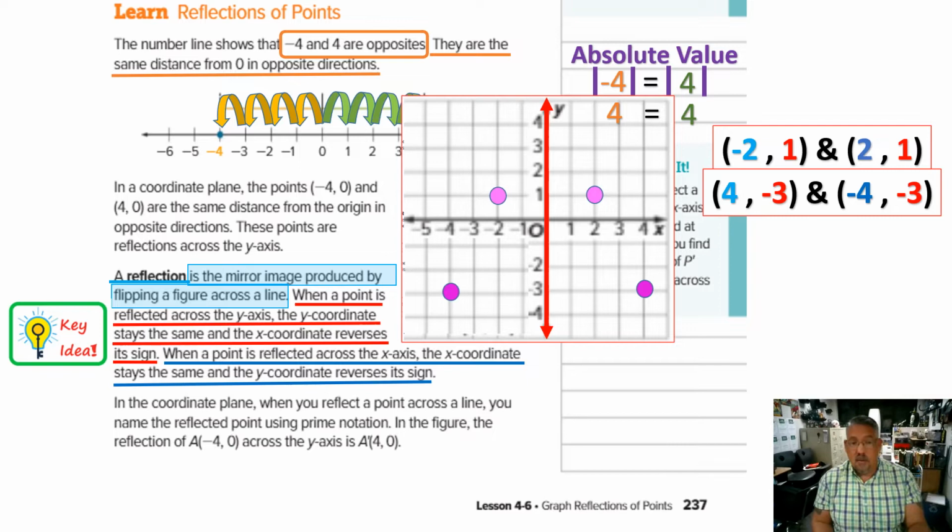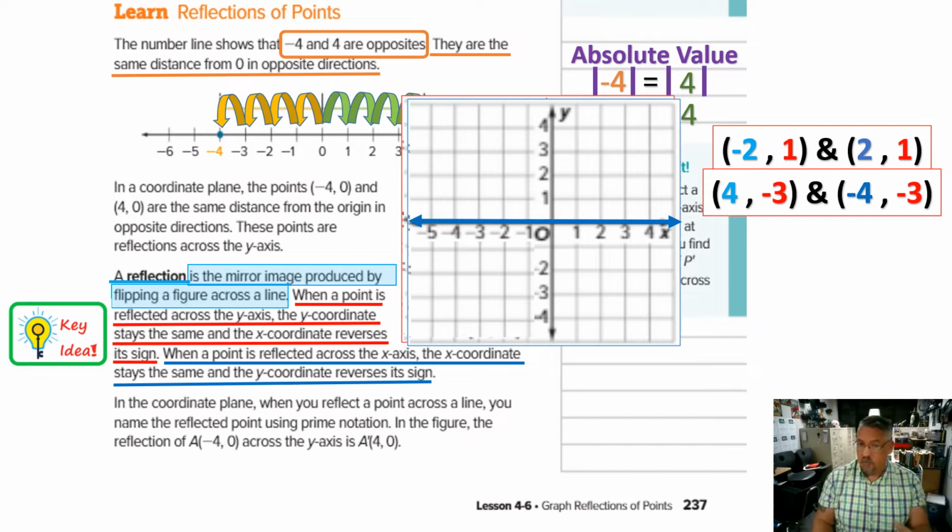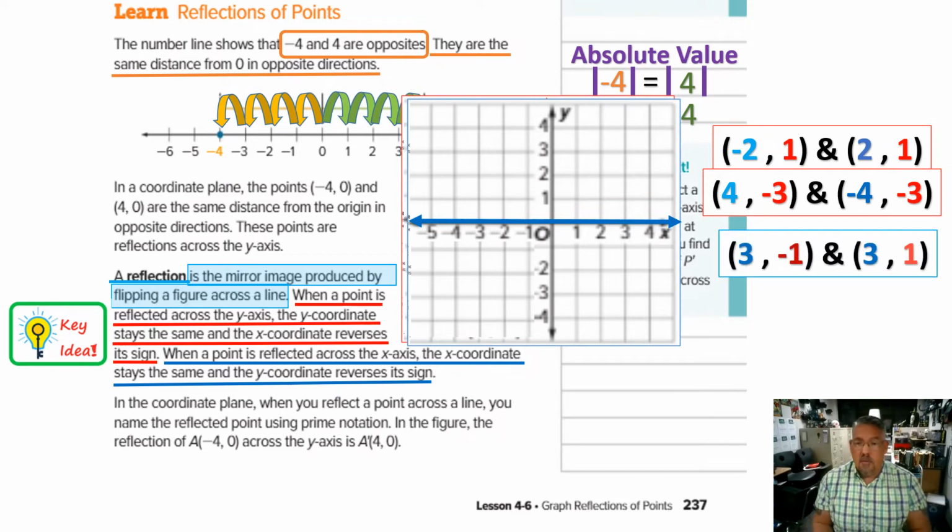So that second sentence then, it says when a point is reflected across the x-axis, the x-coordinate now stays the same, but the y is reversed. The y is going to be its opposite. So if I give you a couple of those examples then, I could do +3, -1, and therefore its reflection has to be +3, +1, because if I'm reflecting across the x-axis, the x has to stay the same.